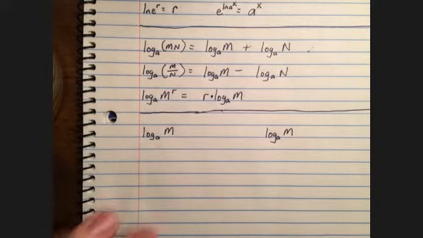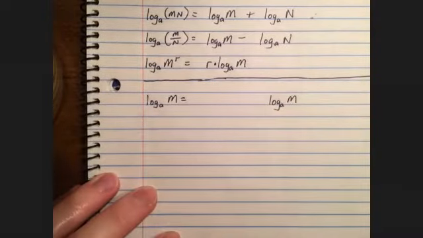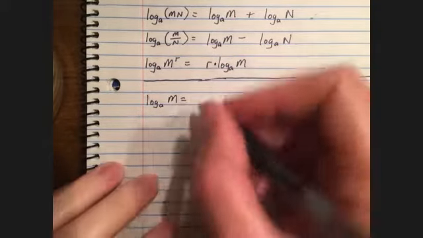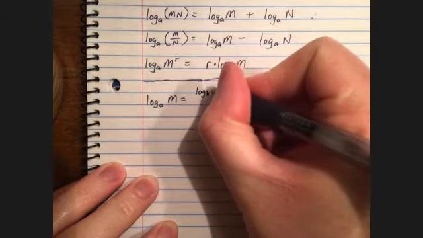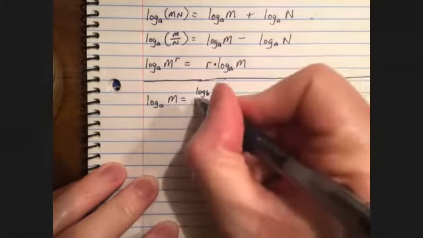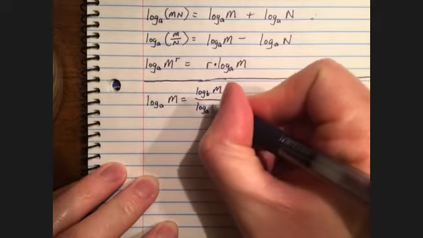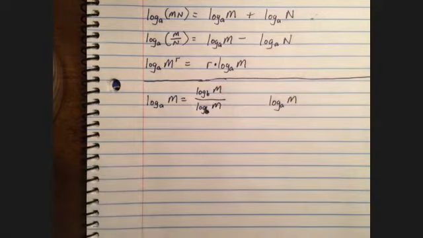All right. The other thing that comes in helpful for us is the change of base formula. So I'll just write it this way. Log base b of m over log base b of a.